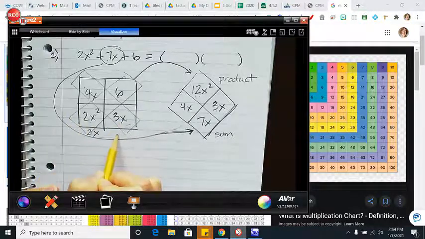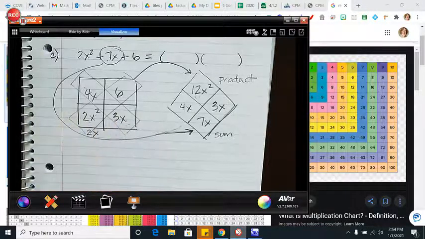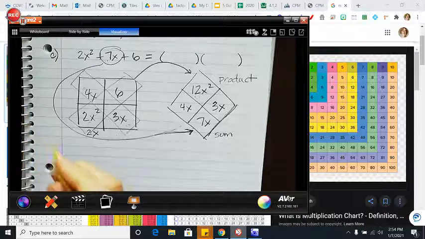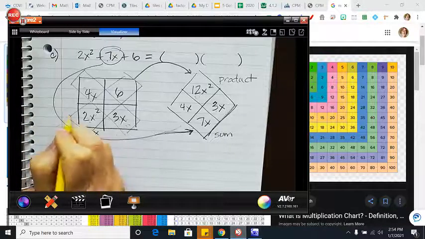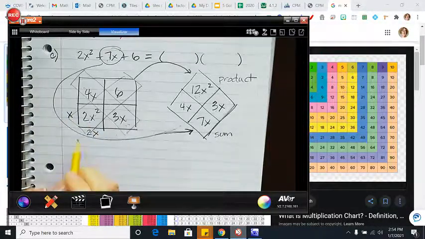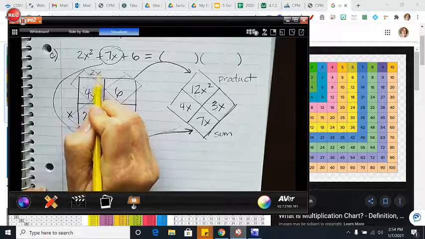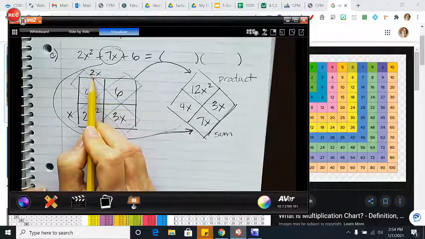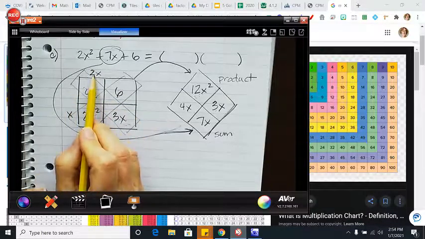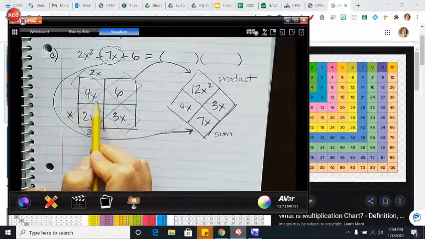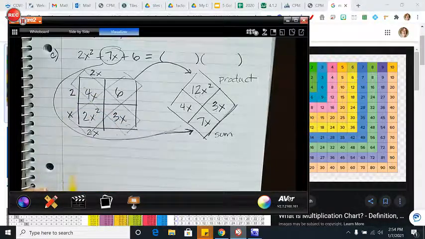I can't multiply 2x times something and get 3x. Not times an integer anyway. Okay, so 2x has to go here. x has to go here. 2x times what? And if it helps, Raina was putting the number up here. That's fine. You could put 2x up here and then say 2x times what is 4x? Well, that's got to be a 2.